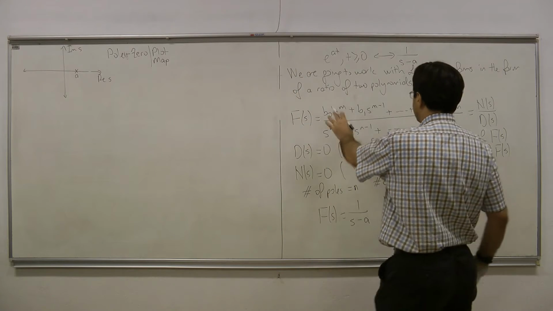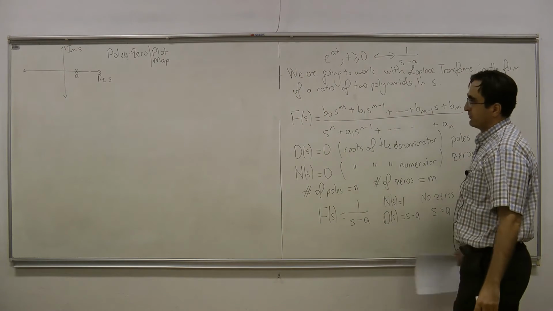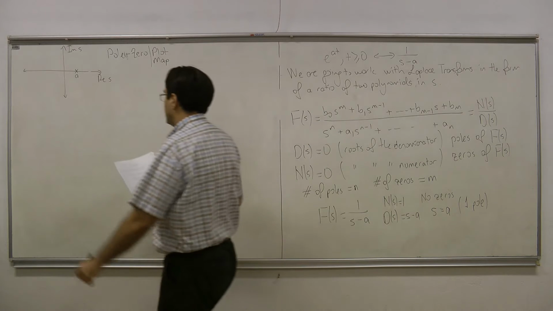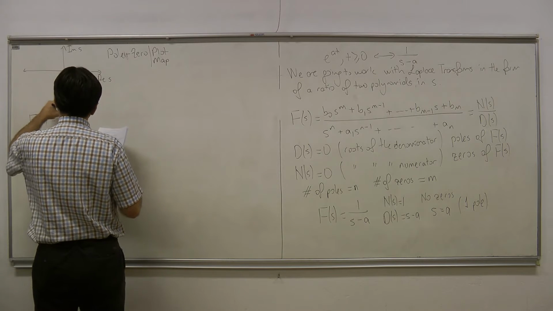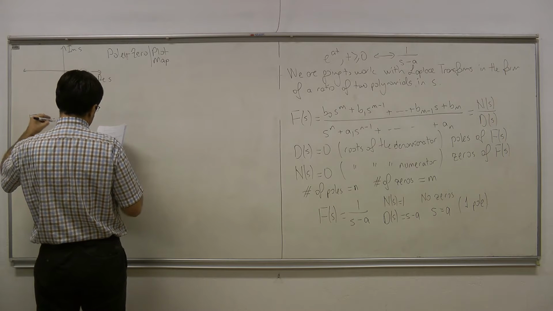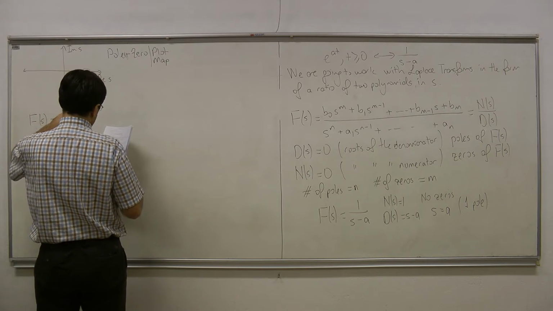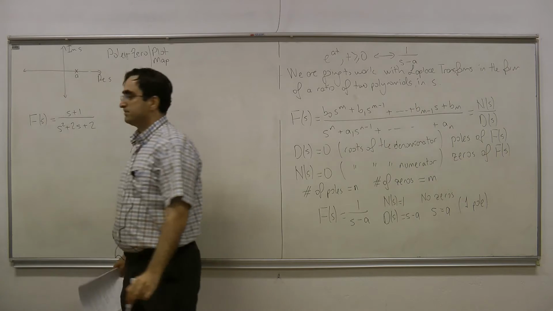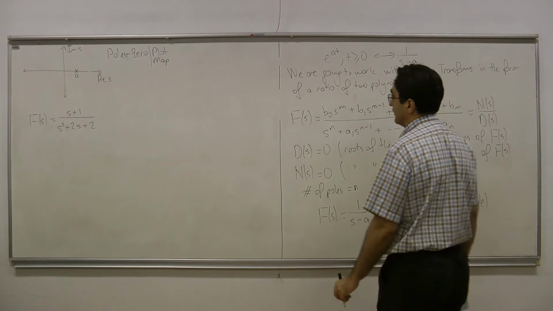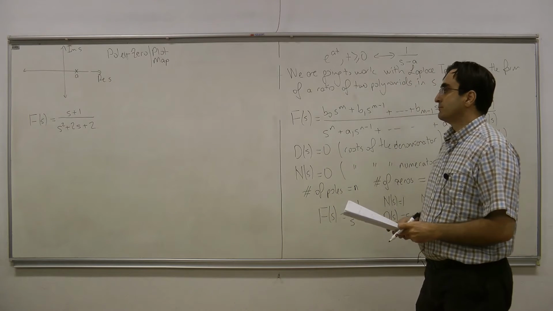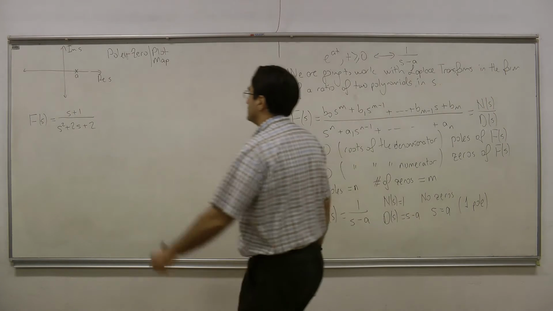Of course, we are going to see much more complicated Laplace transformations, like the following. Suppose that I have a Laplace transformation s plus 1 divided by s squared plus 2s plus 2. Okay? This is a more complicated Laplace transformation. And let us look at its poles and zeros.